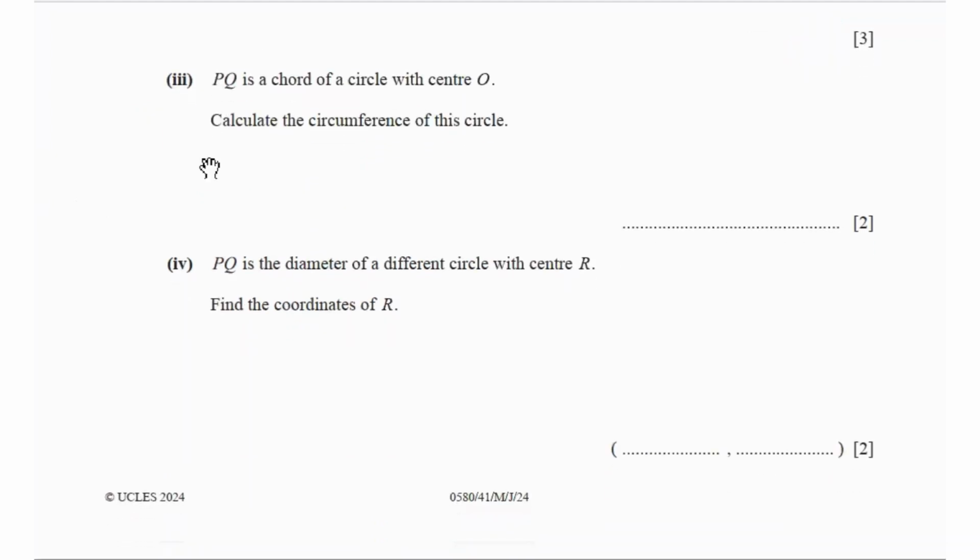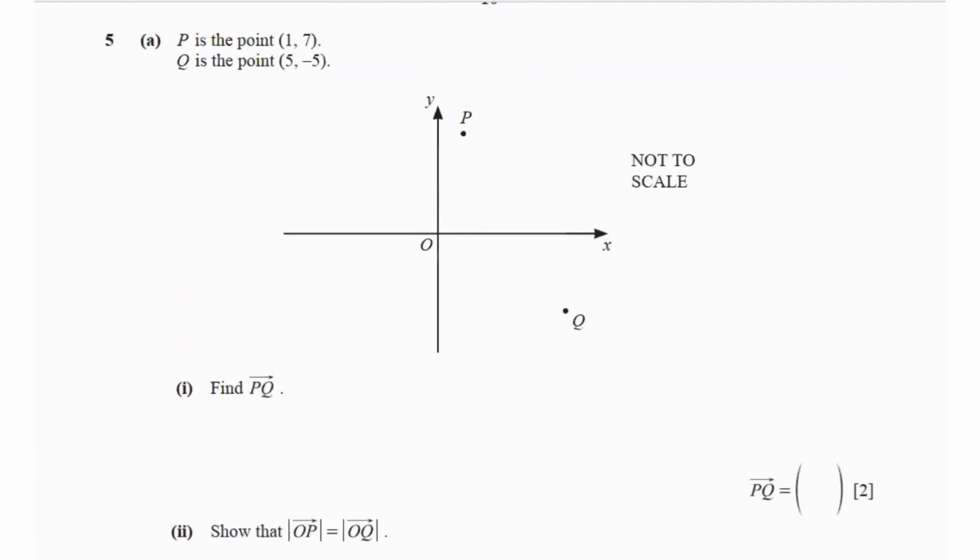Next part says PQ is the chord of a circle with center O. Calculate the circumference of the circle. So if PQ is a chord of a circle and O is the center, that means OP and OQ, which we already found to be equal, are the radius. So we can use square root 50 as our radius value and find the circumference.